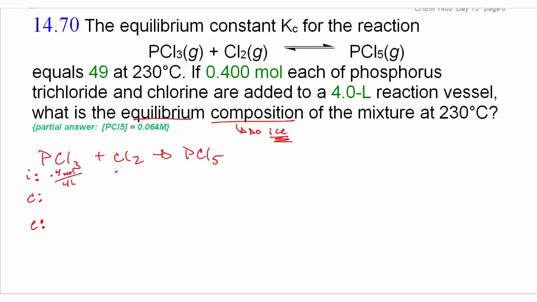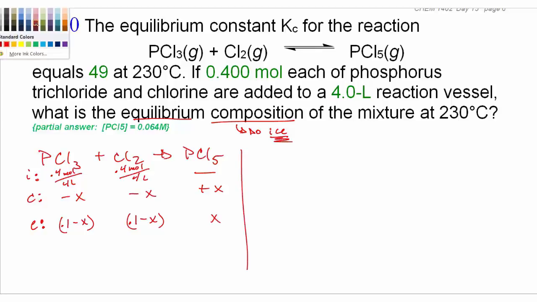And that's the same for both. And we don't have any phosphorus pentachloride. Change, minus x for reactants, plus x for products. So we'll have 0.1 minus x, 0.1 minus x, and x. Okay, let's substitute into our Kc expression.